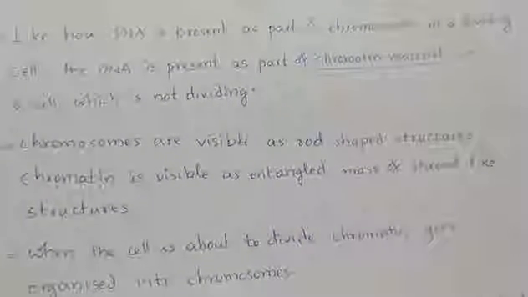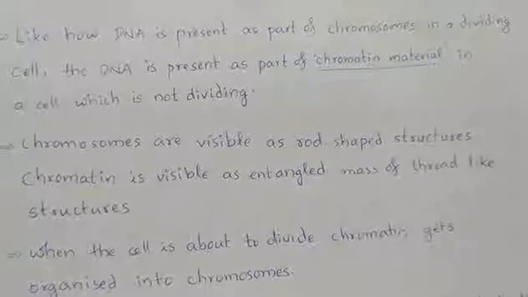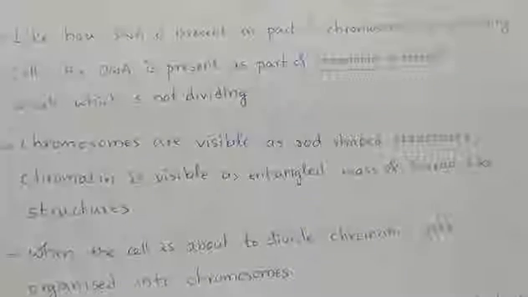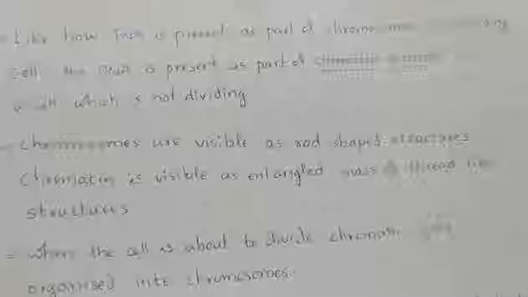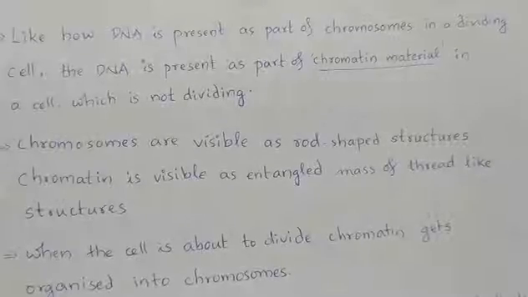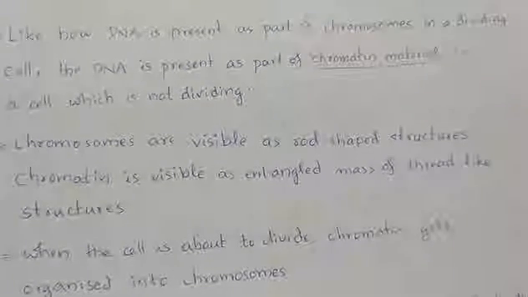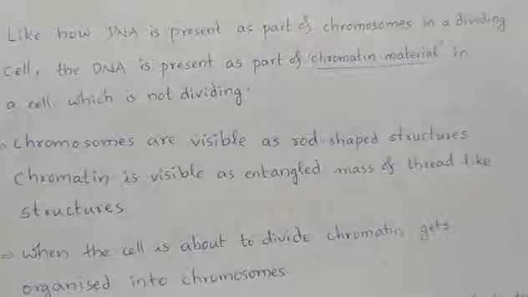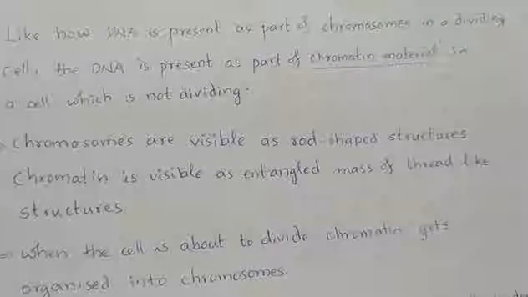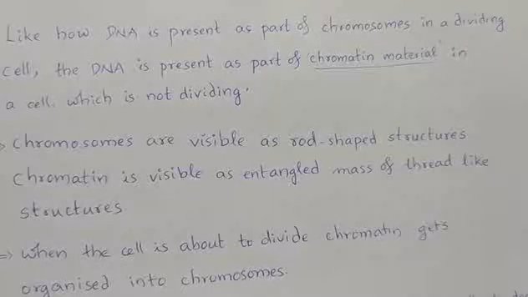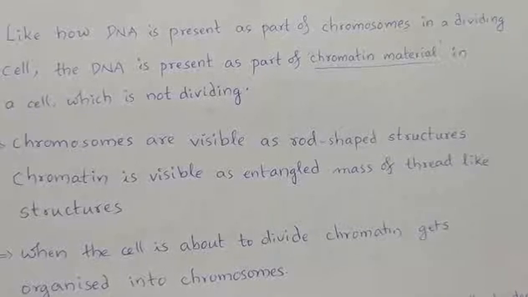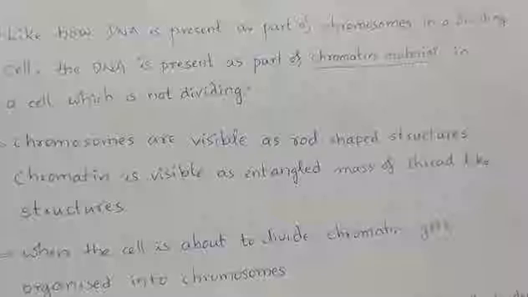Just now we have discussed that when the cell is about to divide, the genetic material is present in the form of rod-shaped structures which are known as chromosomes. Like how DNA is present as part of chromosomes in a dividing cell, the DNA is present as part of chromatin material in a cell which is not dividing.